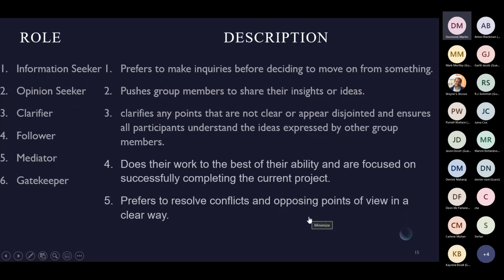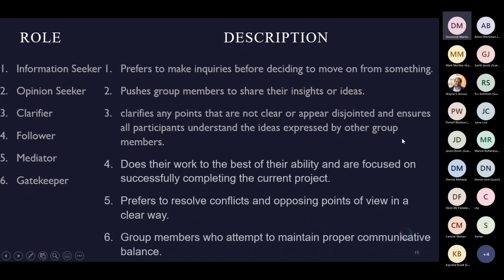And the gatekeeper prefers to resolve conflicts and opposing points of view in a clearer way. Group members who attempt to maintain proper communicative balance. That is gatekeeper. Sorry.